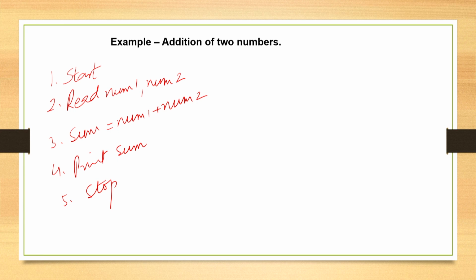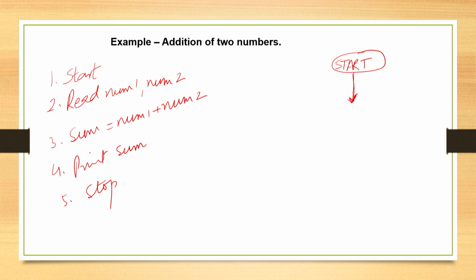This was the algorithm for addition of two numbers. So, for the flow chart for start and stop, we have to use what? The oval. So, this is the start, then the arrow indicates the movement from one step to another.